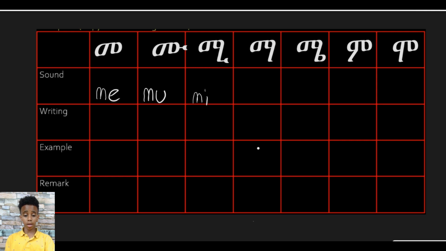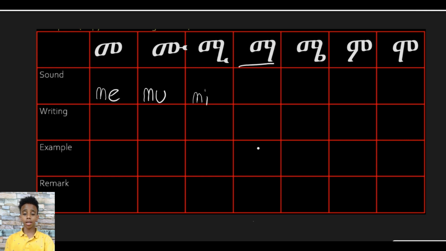But if you were to write M-E, as we did for Meh, on your keypad or keyboard, it will give you Meh, not Me. Okay? If you're wondering what application to use to write Tigrinya, don't worry, I'll cover it in another video. For now, just hang on and it will make sense to you in the future.